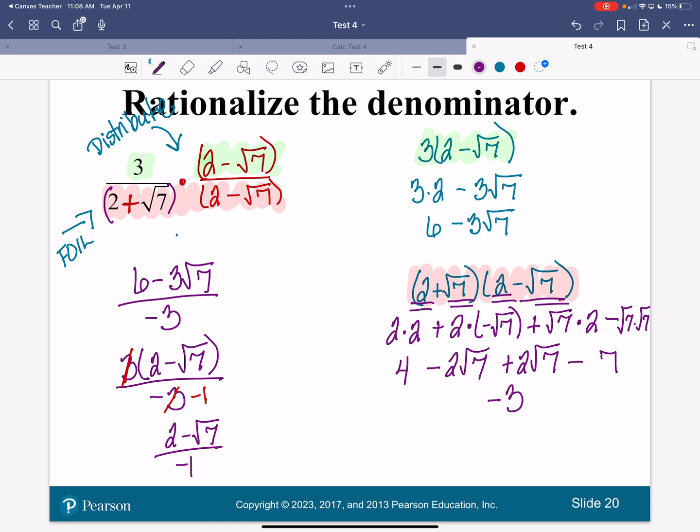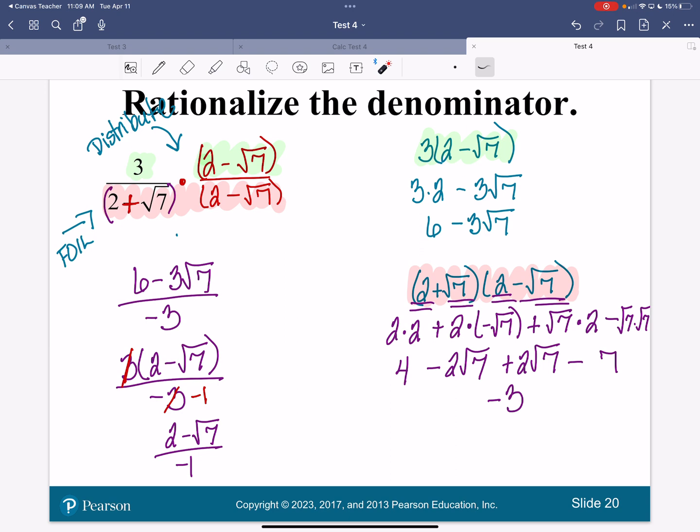Okay, am I allowed to take that negative 1 and move it to the numerator? Can I just move that negative to the numerator? I can. Okay, don't forget, if I've got negative 1 over 2, I can have negative 1 over 2 or 1 over negative 2. Now, what happens is students don't distribute that negative 1 once they get it there. That's what happens.